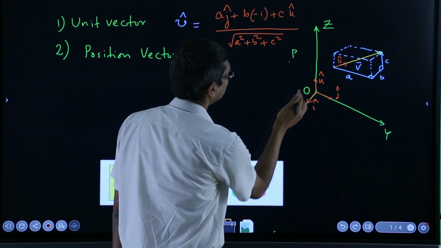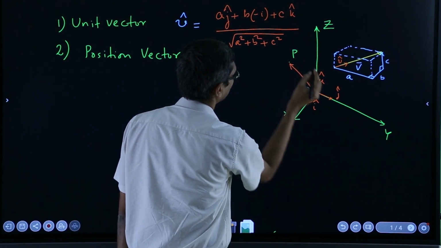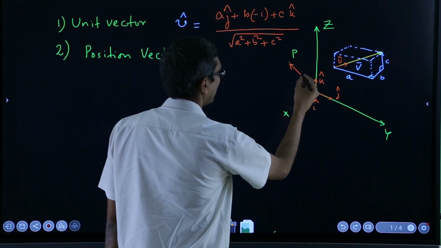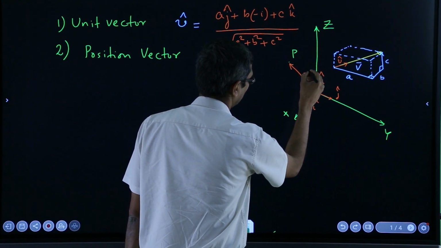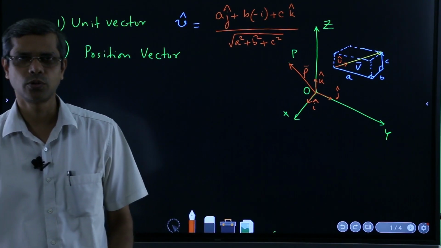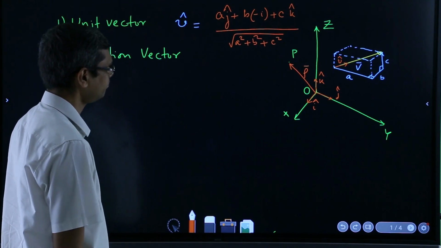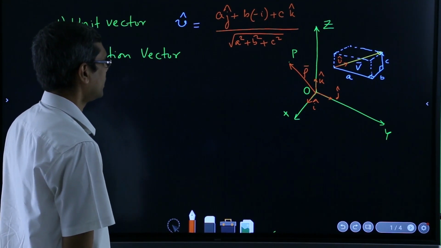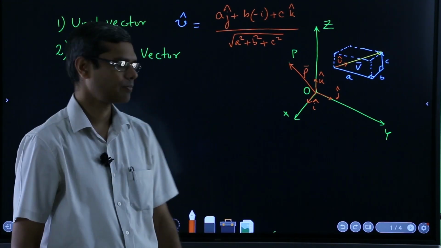That means this vector is the position vector, and we will denote that as rho maybe. In general, we will denote rho as the position vector of any point P, from the origin to that particular point P. So, that is the position vector.